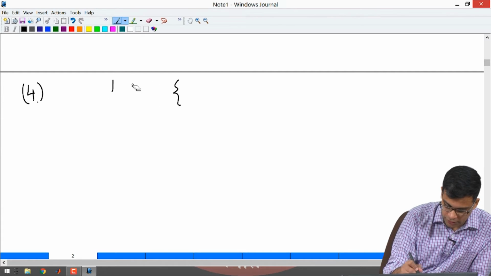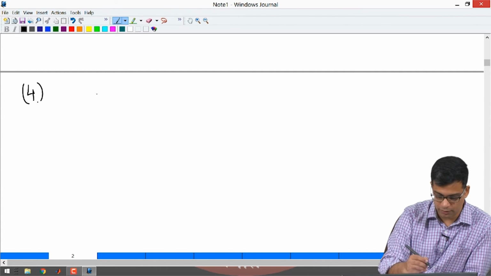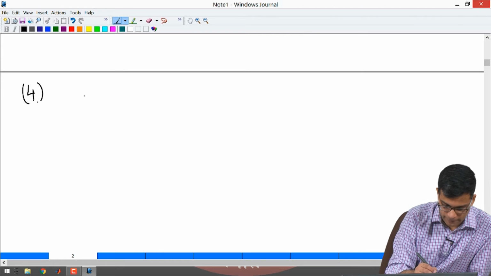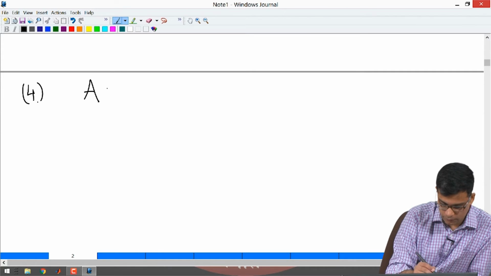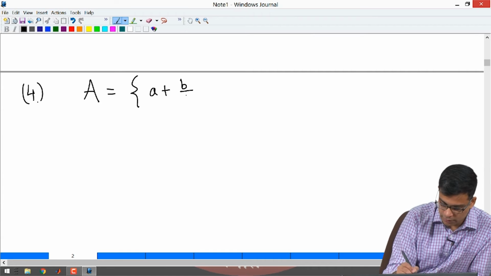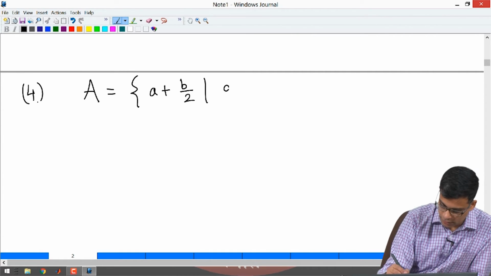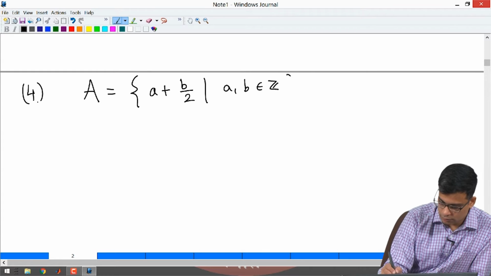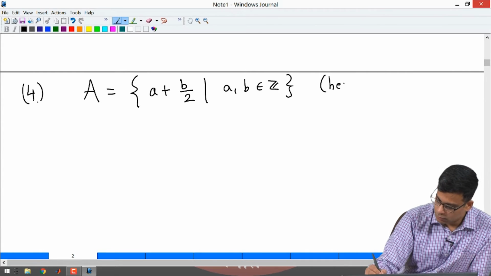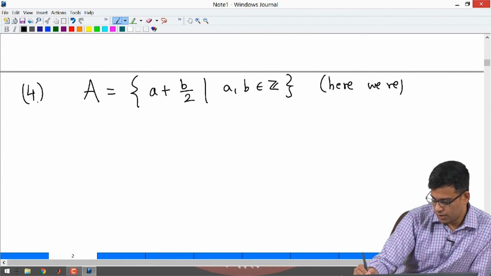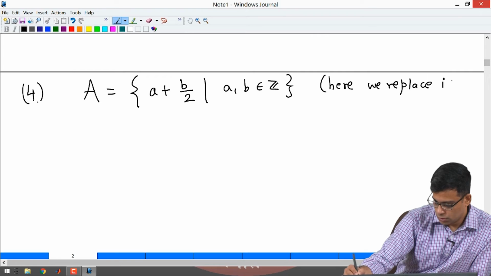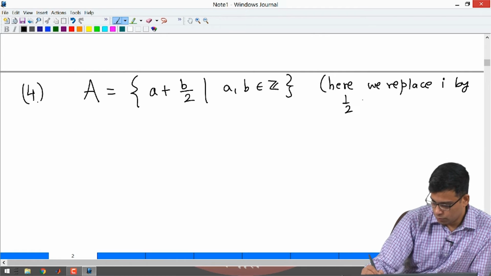So, let me just define a new symbol for this, let us say A. A is replacing i by 1 by 2 in the earlier example.